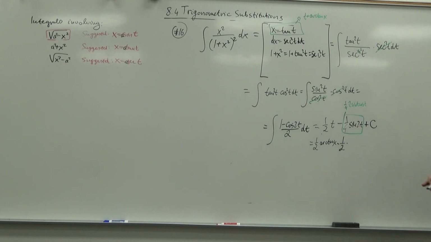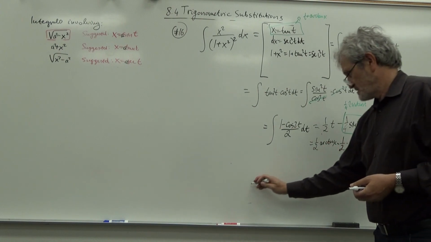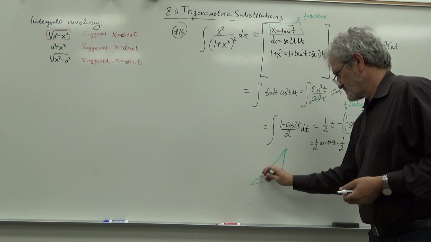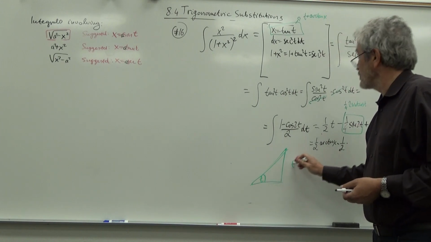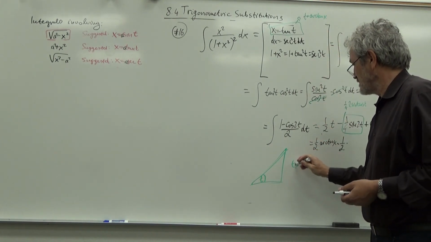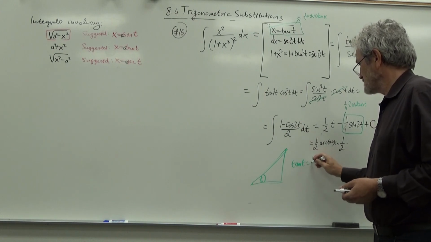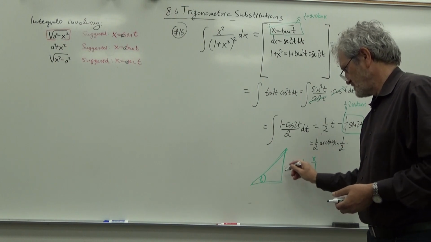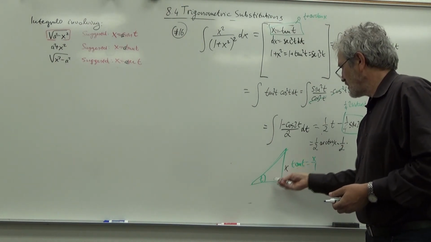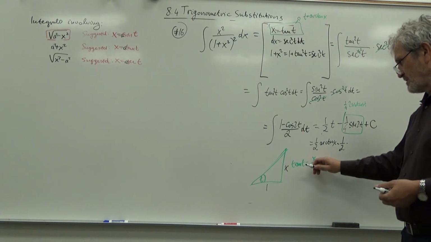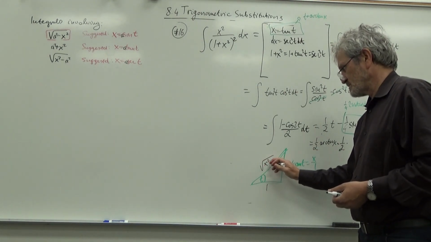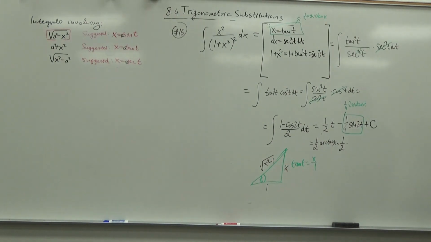And we just need to read sine t and cosine t the same way as we did with the triangle. So we make a triangle. So here's your t, and we know that tan t is x over 1. So I put x on the opposite, 1 below, opposite, adjacent. Calculate hypotenuse, square root of x squared plus 1, Pythagorean theorem.